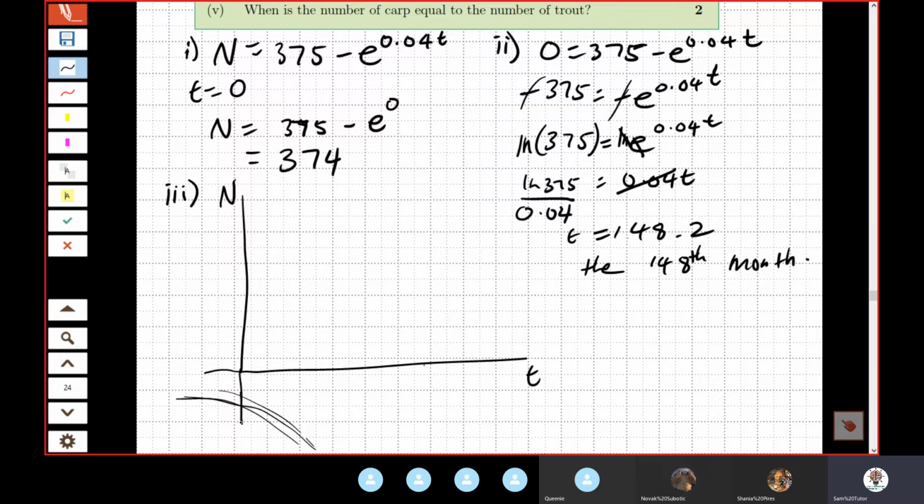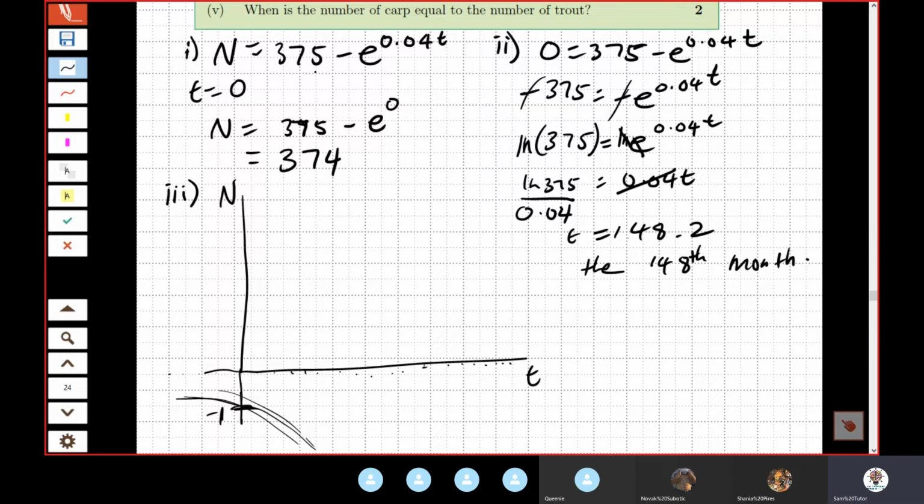Where does it cut? Negative 0.04? No. The 0.04 doesn't matter. When time is 0, it'll still cut at -1, because e to the power of 0 is 1. What's your asymptote? At 0.